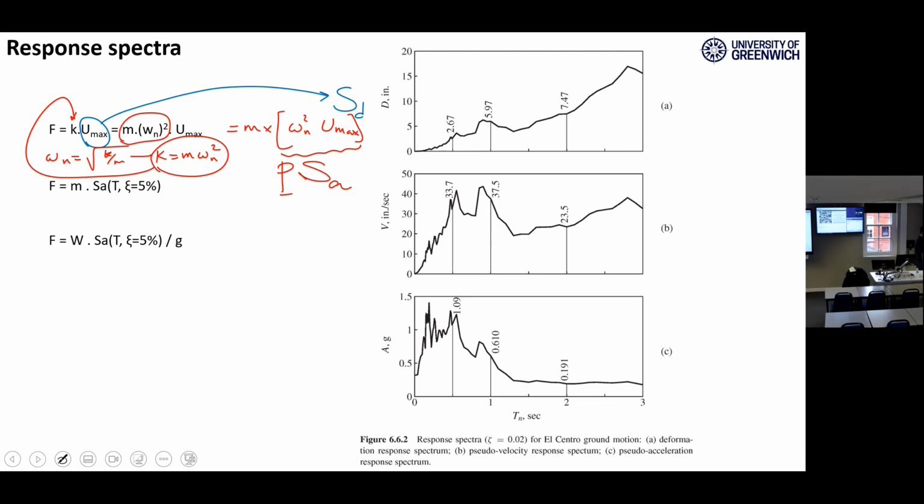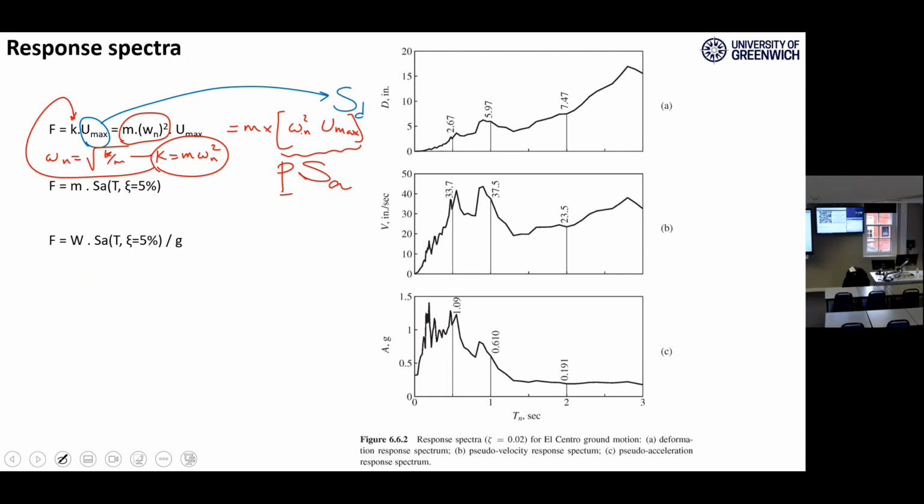It's a spectral acceleration, and the dimension is something like meter over square second in terms of acceleration, because this is radian over square second, and this is meter, so the whole term is meter over square second, which means it's a kind of acceleration. And usually, for some reasons that I will tell you right away in a few minutes, we like to work with this one instead of spectral deformation.